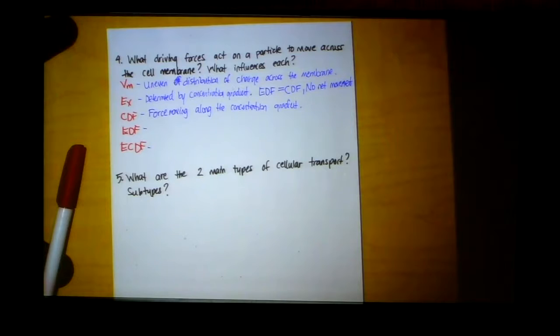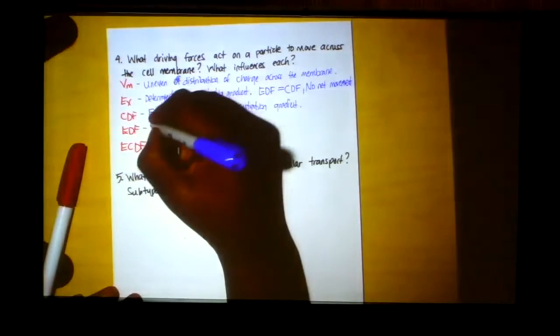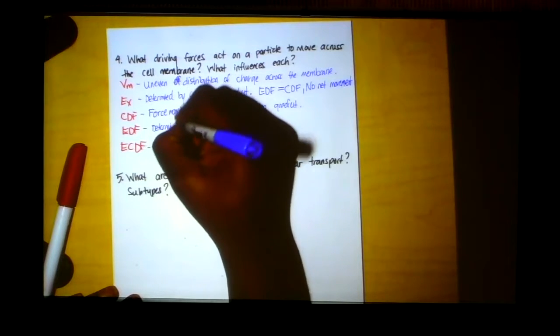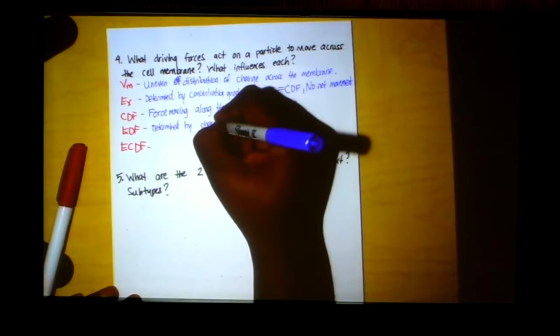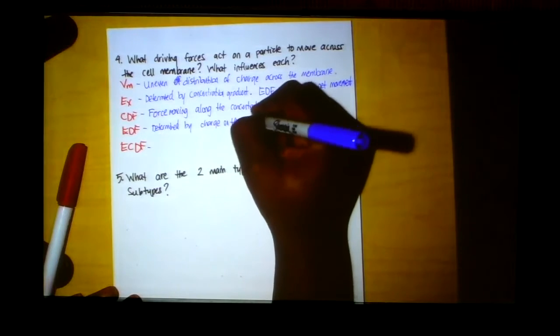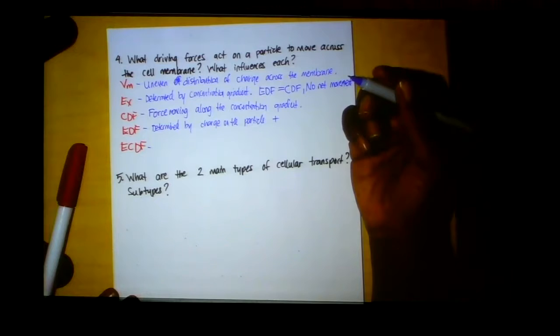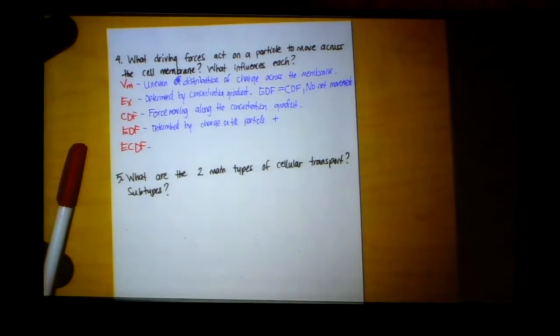What about the electrical driving force? This was based on two things. What were the two things that we mentioned? The charge on the particle and what else about the cell creates an electrical driving force?